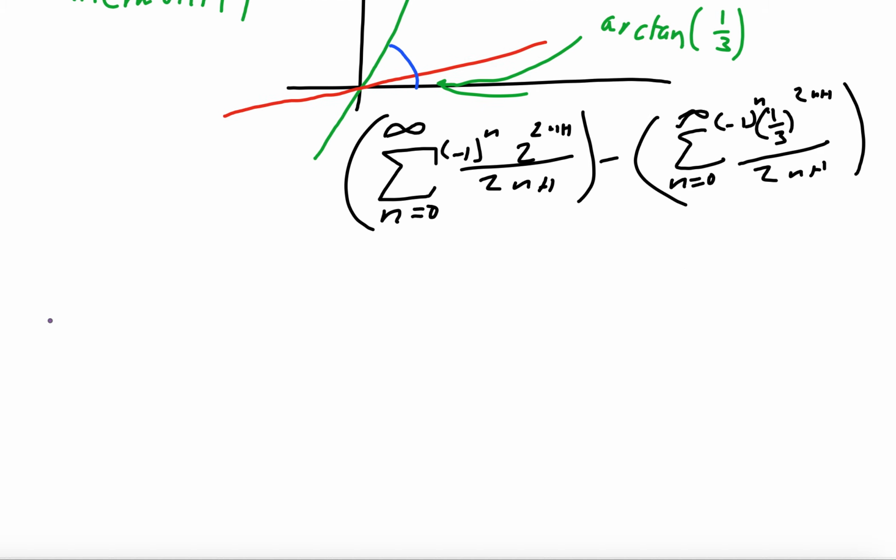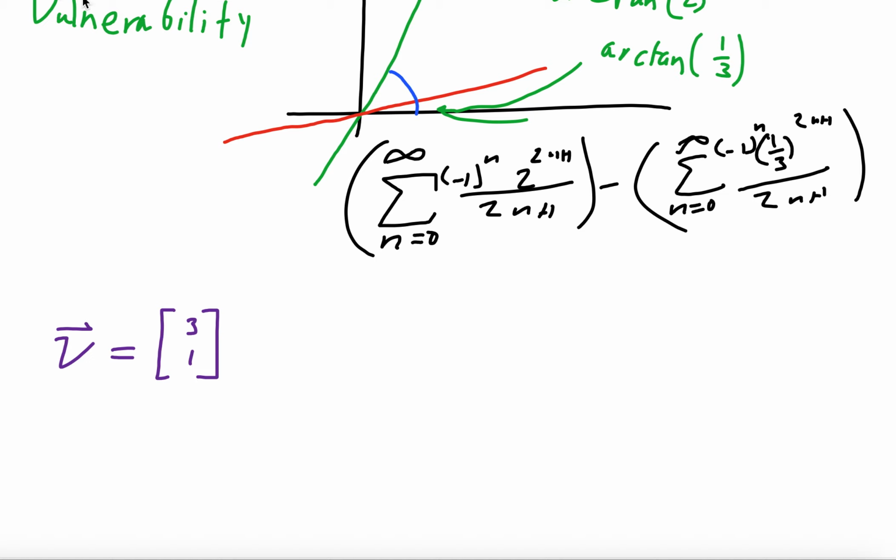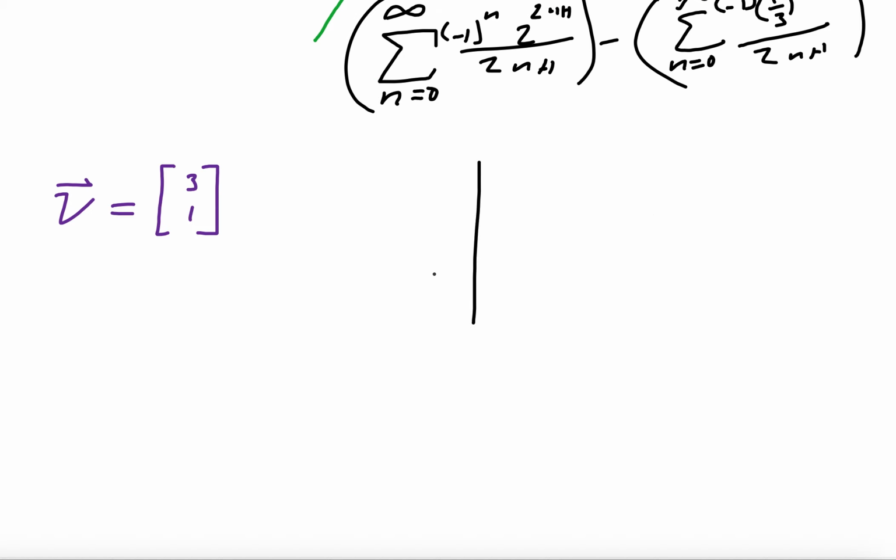Let v be a vector which has the coordinates 3, 1. So the rise is 1 and the run is 3, so the slope is going to be 1/3. I'm going to draw a new kind of graph over here so we can have a good idea of what these things look like.